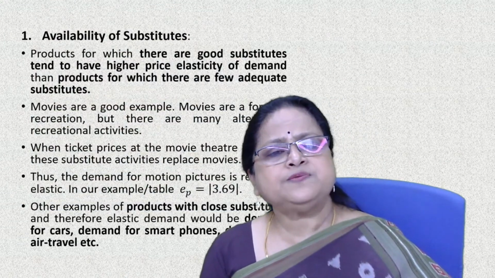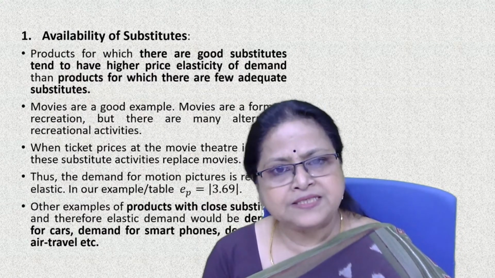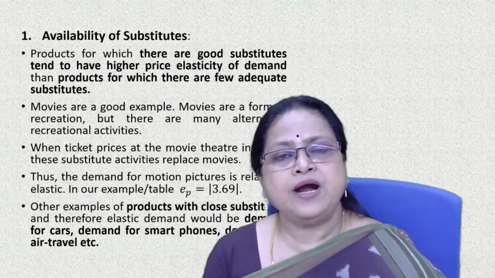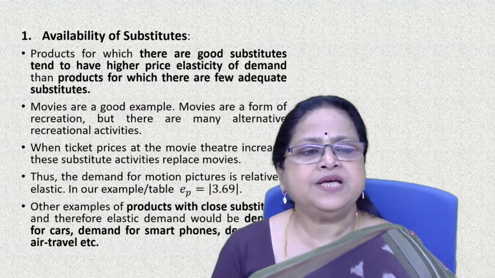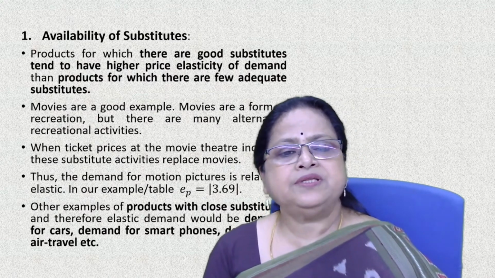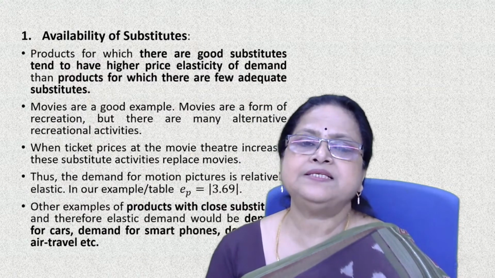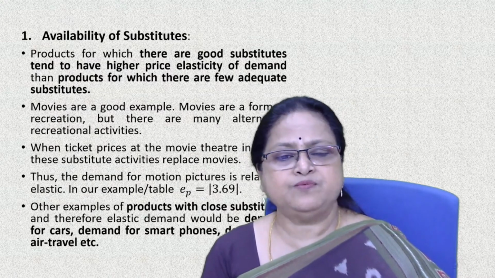So products for which there are good substitutes tend to have higher price elasticity of demand than products for which there are few adequate substitutes. Movies are a good example. Movies are a form of recreation, but there are many alternative recreational activities. When ticket prices at the movie theater increase, these substitute activities replace movies.